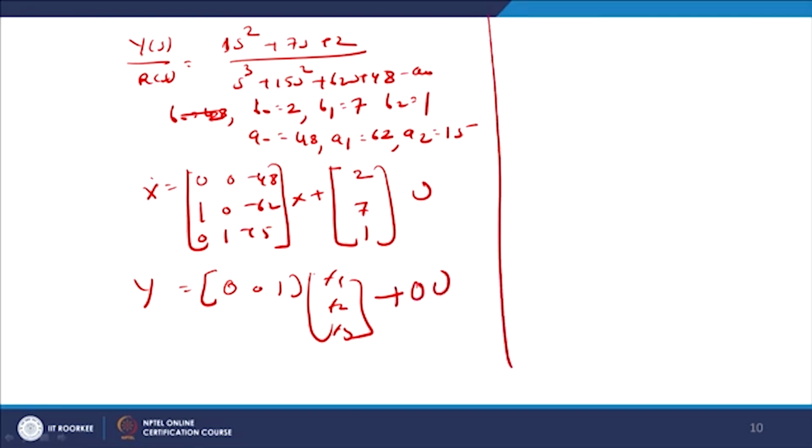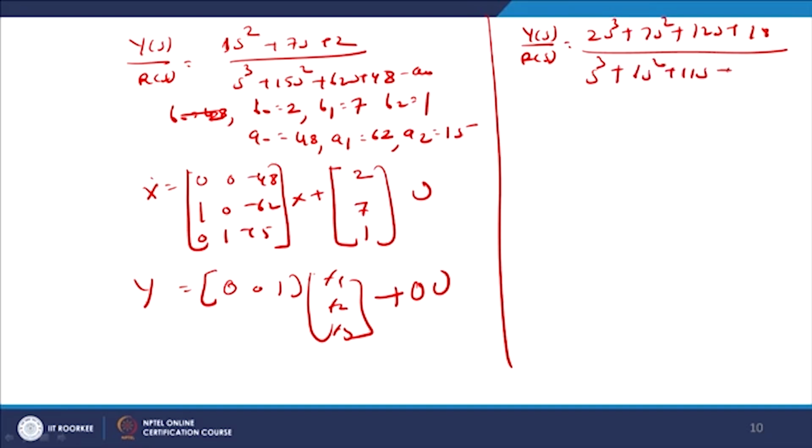Now, we take the second example. Here Y(s)/R(s) equals (2s cube plus 7s square plus 12s plus 18) divided by (s cube plus 6s square plus 11s plus 9).